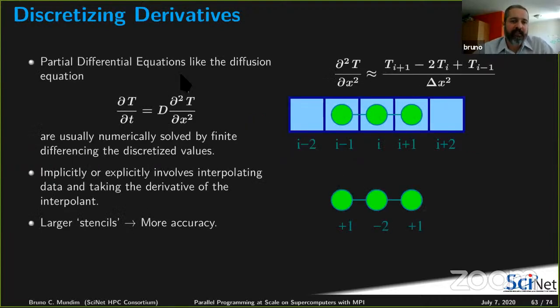So basically, you have a partial differential equation, like the diffusion equation here, where the time derivative of the temperature, how the temperature changes with time, is going to be proportional to the Laplacian of the temperature along the rod. Let's say that I'm computing the heat transfer along a rod, one dimensional. And this Laplacian is basically telling you how that point deviates from the average.